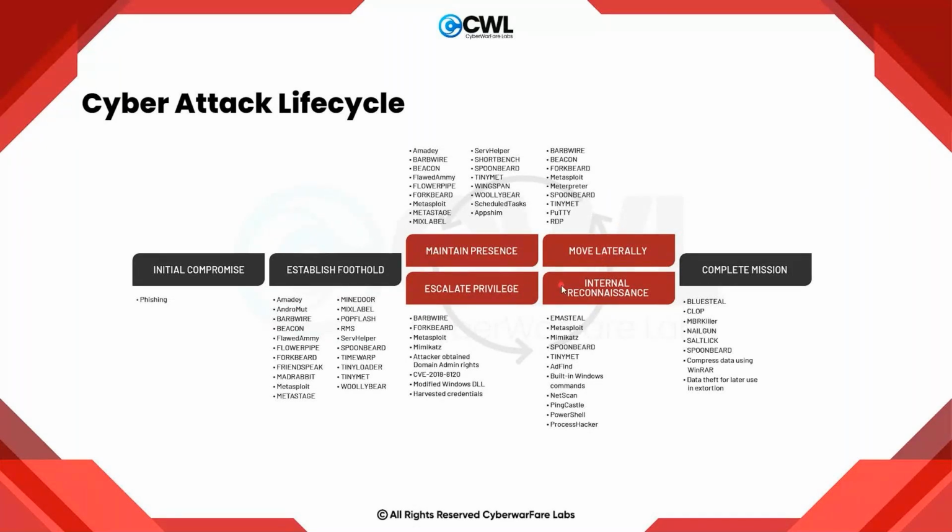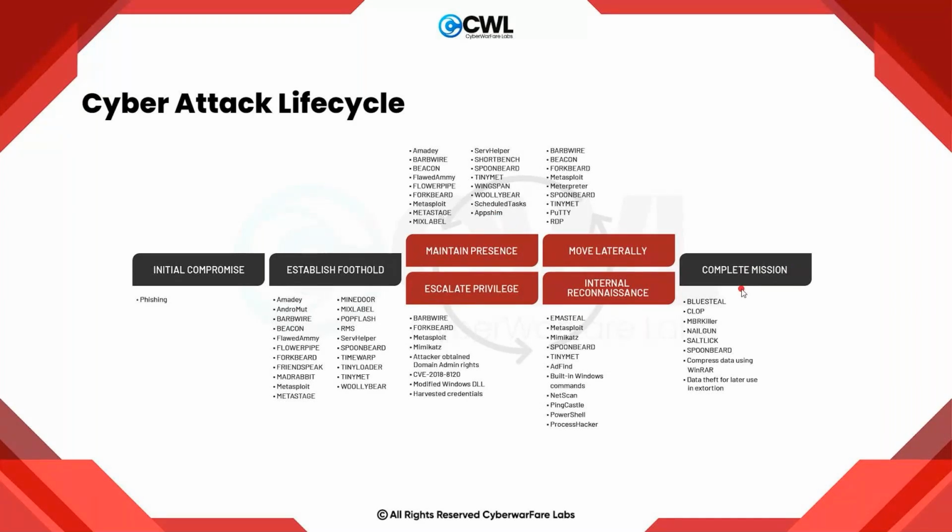So the internal reconnaissance is also very mandatory, and you can see there are a bunch of tools and commands that attackers can use to perform the internal reconnaissance. And once they move laterally, they will again try to maintain the presence there, and again they will try to escalate the privilege, and this cycle goes on until they complete their mission.